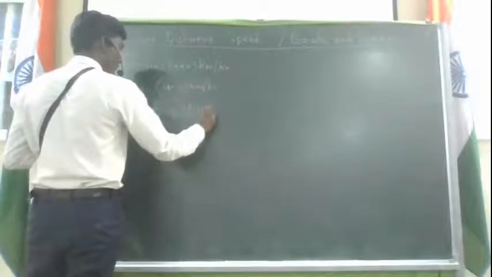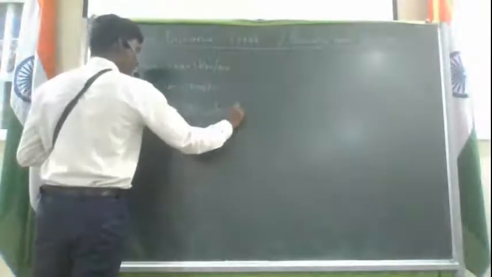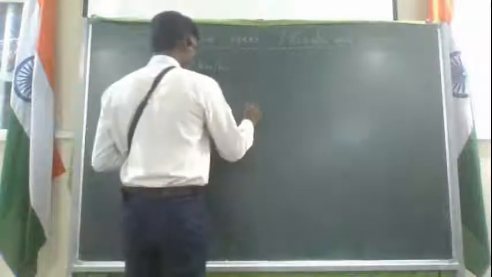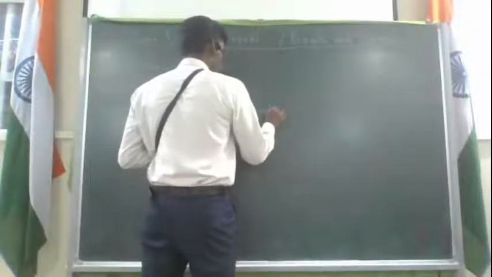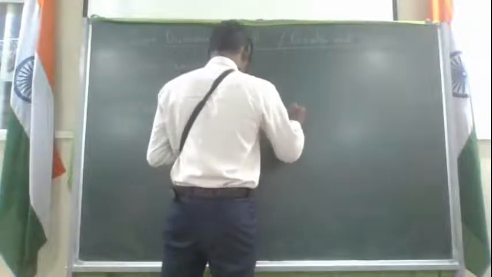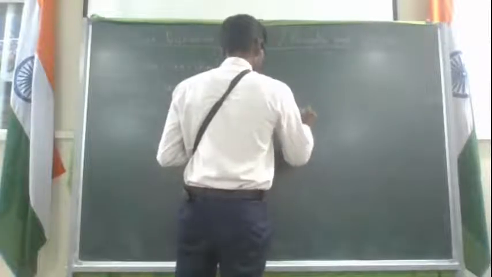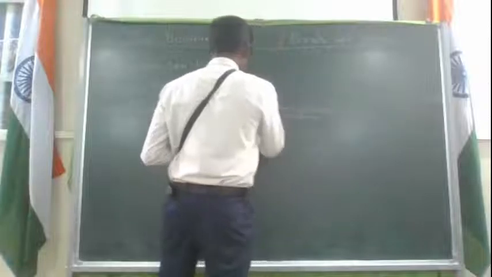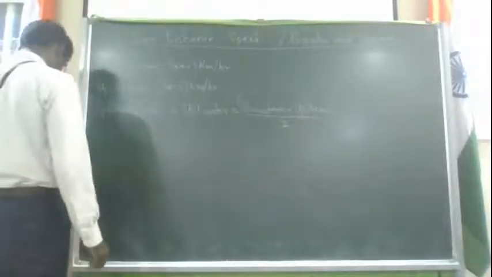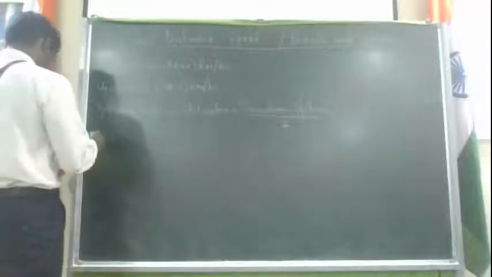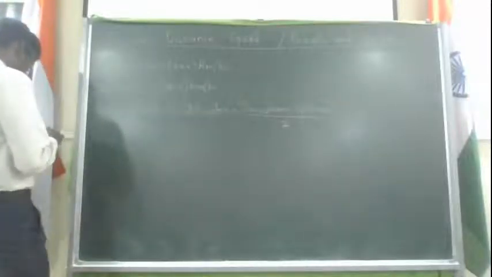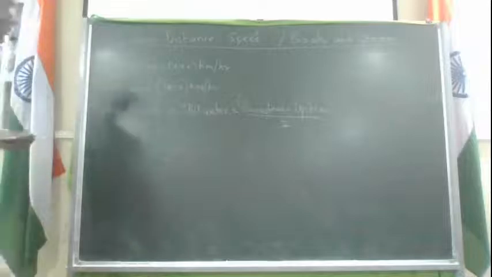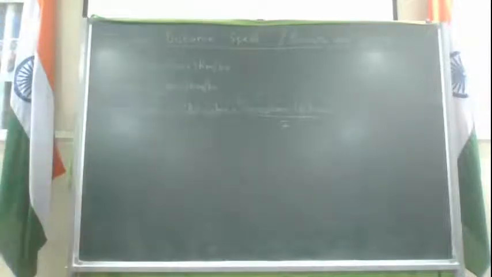Still means there is no movement. In still water, the speed of the boat is downstream minus upstream divided by 2.